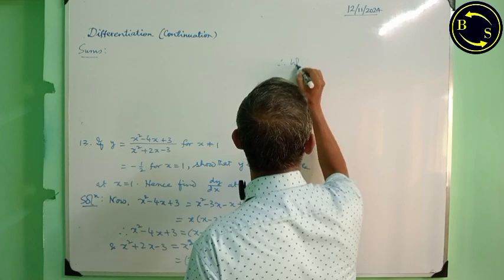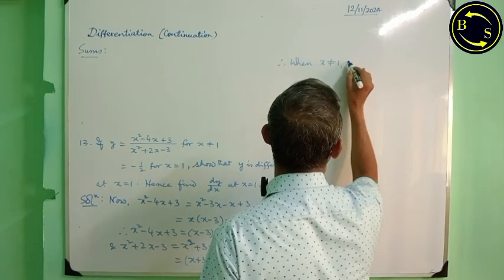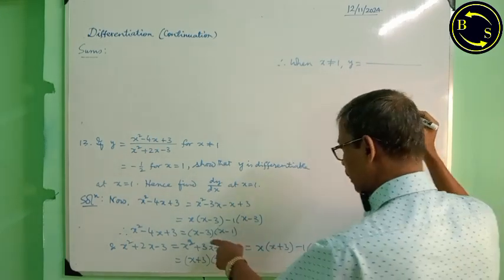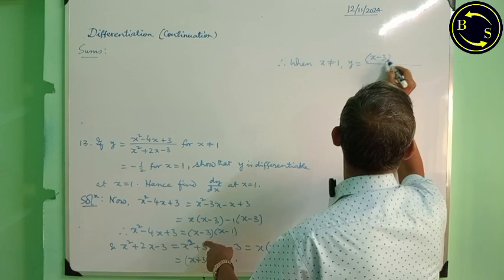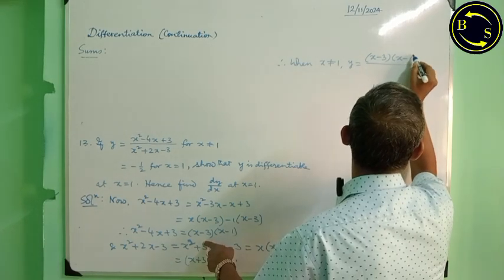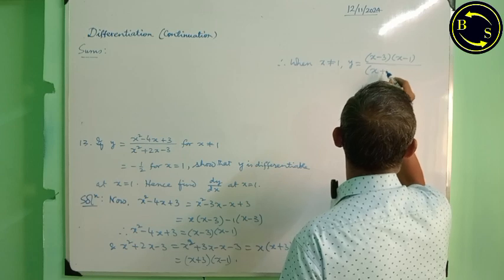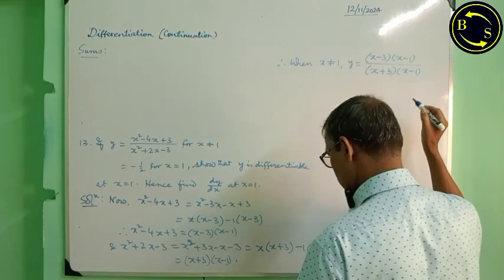Therefore, when x is not equal to 1, y is equal to (x minus 3)(x minus 1) in the numerator, denominator is (x plus 3)(x minus 1).